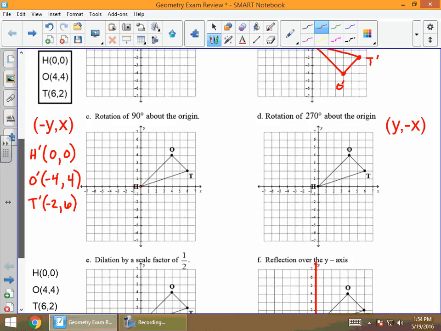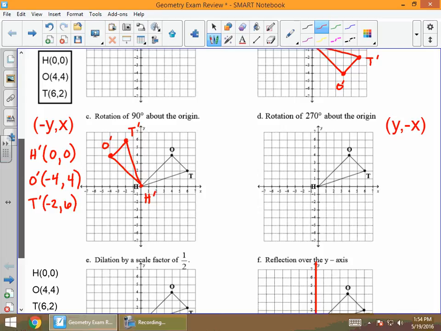So 0, 0 is H, -4, 4 is O, and -2, 6 is T. And then I just connect those dots.